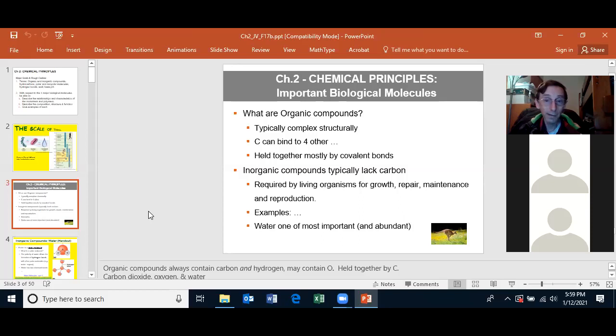They're all examples of inorganic compounds. And you'll note that carbon dioxide does contain carbon, so inorganic compounds can contain carbon, but they don't have to. And typically they don't, like water and oxygen don't contain carbon. Water, as I mentioned, is one of the most important and abundant molecules in all living cells.